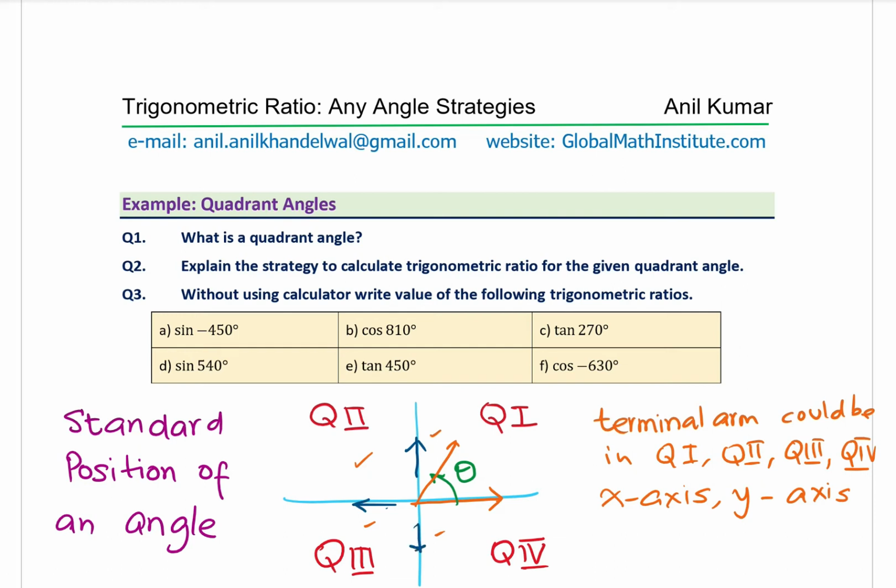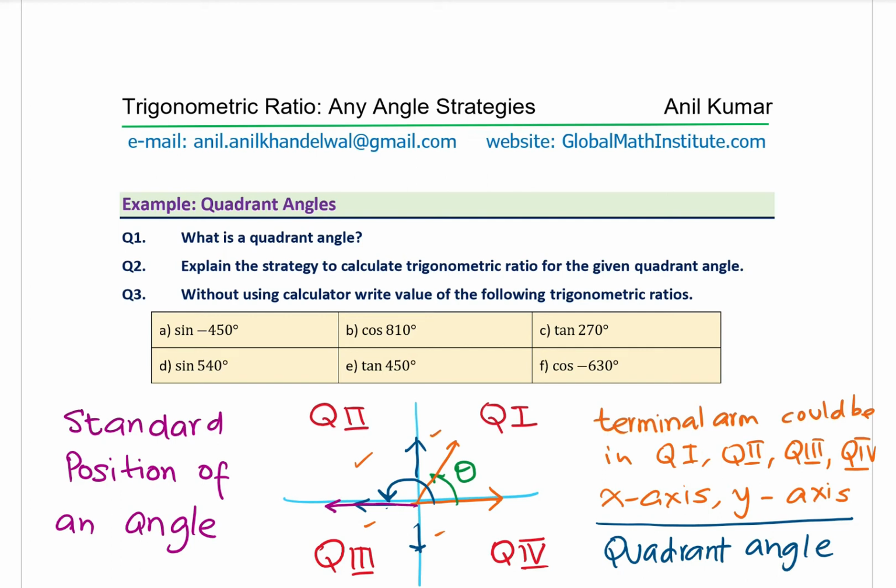A point on the axis does not belong to any quadrant, right? So if it lies on the axis, then we give it a name, which is quadrant angle. Is that clear to you? So when we have an angle like this, that is a quadrant angle because now the terminal arm will lie along the y-axis.